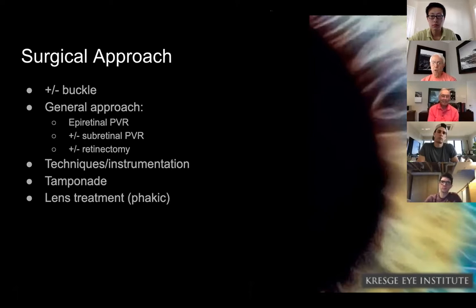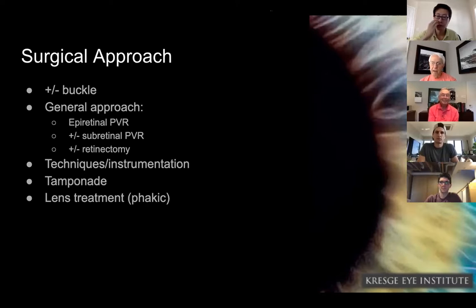So after a few years of this, I finally decided that I would pay homage to Tom, and I would do a little bit of that. If it was clear to me that this was going to be a difficult dissection, I would immediately make a decision I was going to do a retinectomy.